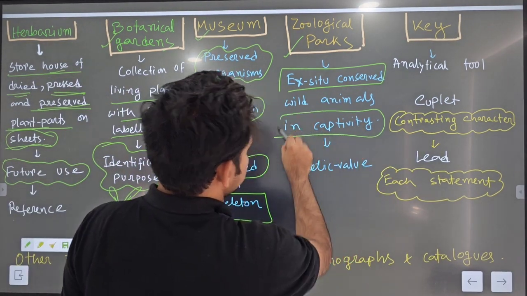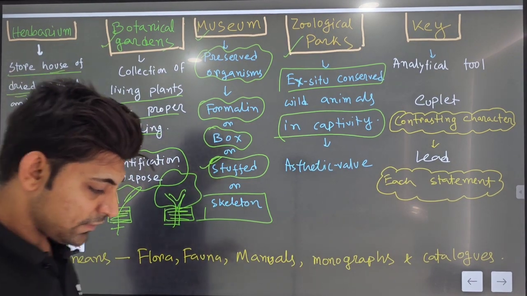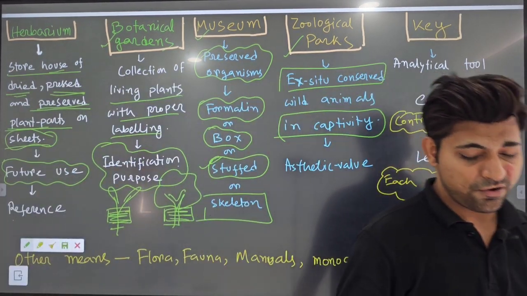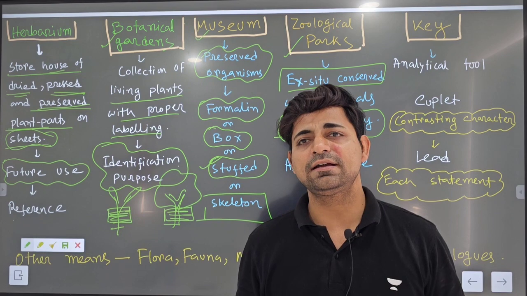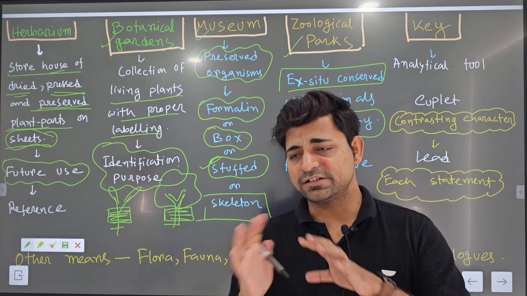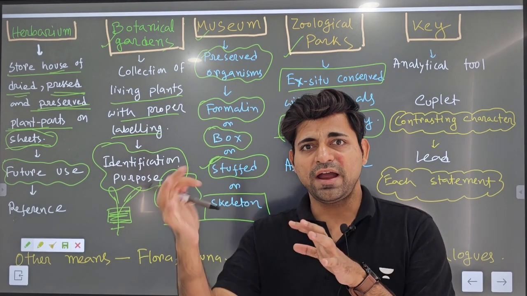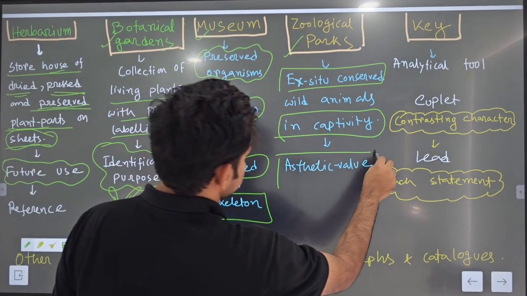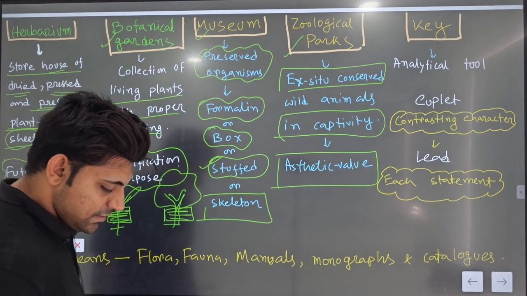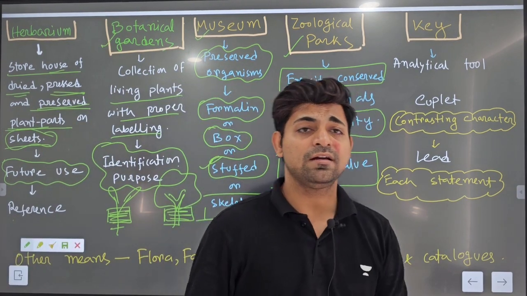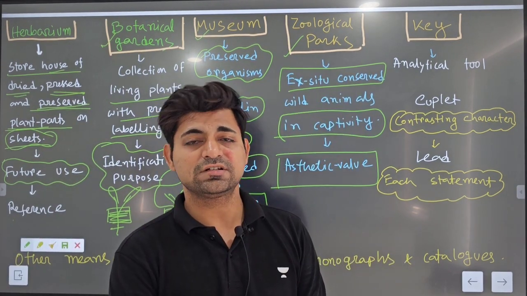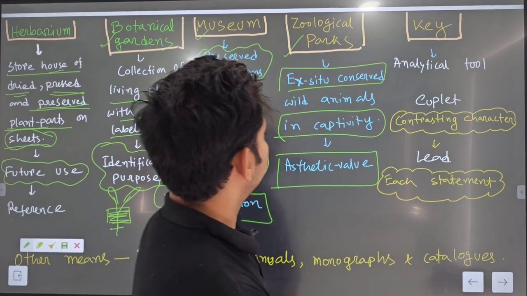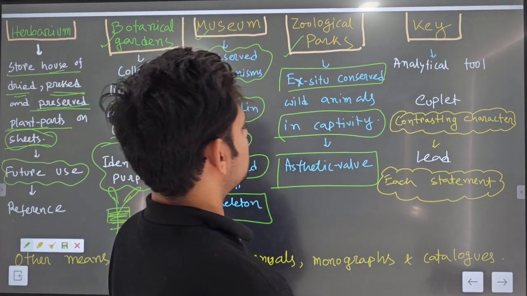All the animals are kept in captivity, but zoological park authorities try to mimic the wild situation in the cages also. These zoological parks also have some aesthetic value. I think there is no one who hasn't visited a zoological park in their lifetime, right? Even many students go to visit zoological parks.